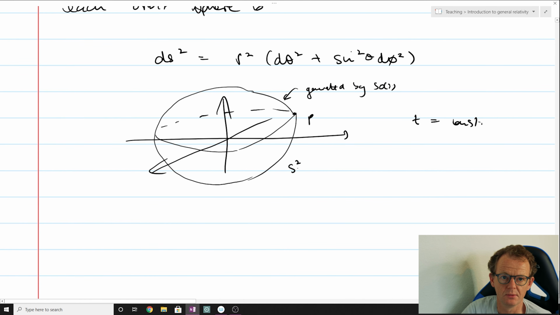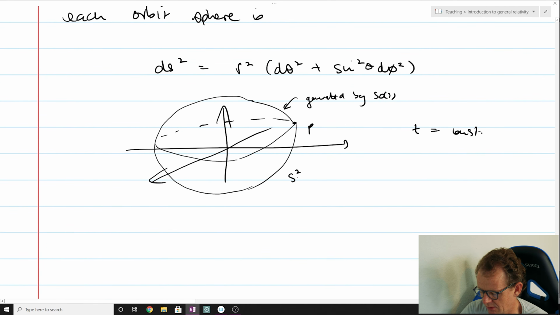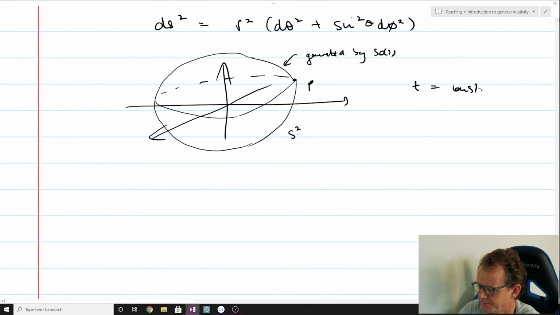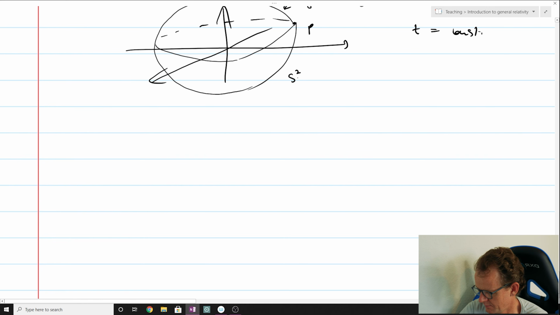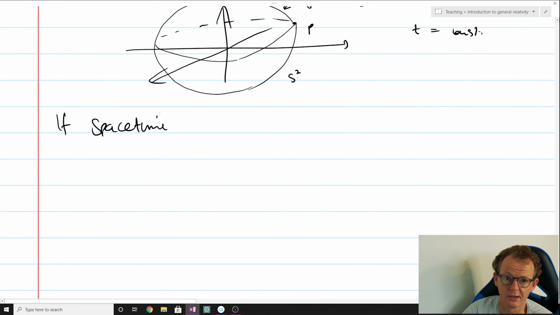And now we have a sphere. We can choose a coordinate system, just spherical coordinates on this sphere. Now this is in the case where the spacetime is just rotationally invariant but not necessarily static. But now we can put all this together.